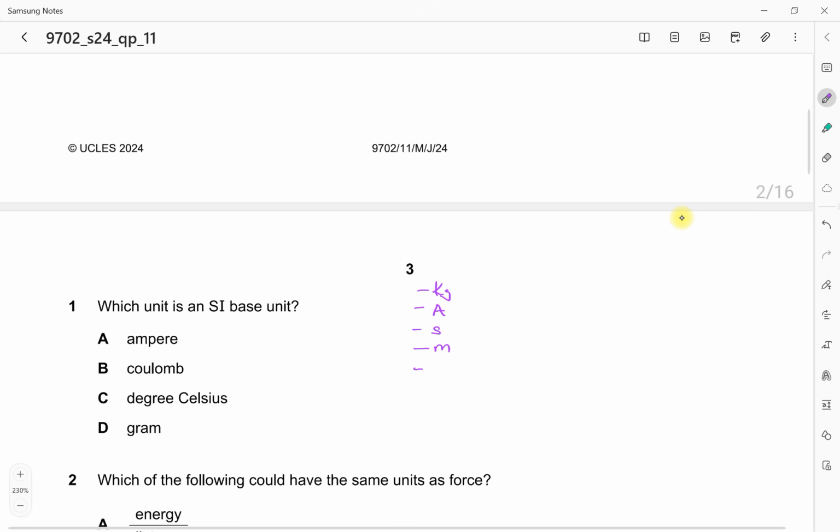We have luminous intensity, which is, I think, measured in candela. We have amount of substance, which is measured in the mole, and we have absolute temperature, which is measured in Kelvin. So these are the base units. So the question is, which unit is an SI base unit? So it means all these ones are not among those 7. So the answer is automatically A.